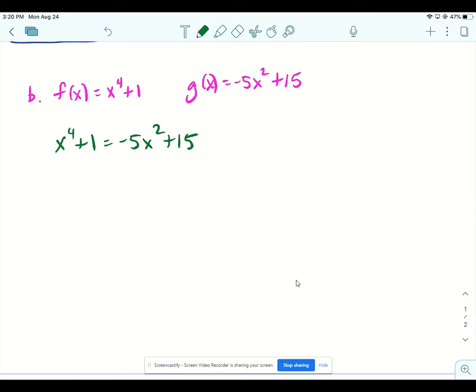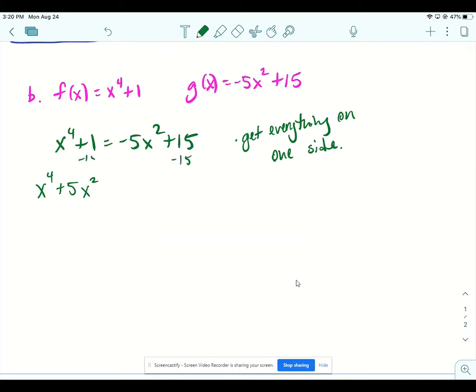Okay, again, this isn't a quadratic equation, it's a quartic, but we're going to use our quadratic rules for it. So we're going to get everything on one side again. I'm going to move the 5x squared over, and I'm going to put it in the middle, so we're in descending order.